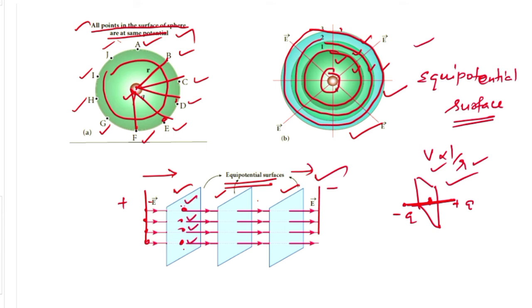Therefore the surface is called an equipotential surface. Every surface taken parallel to each other will be an equipotential surface as far as a uniform electric field is concerned. So this is a very, very important question for you.